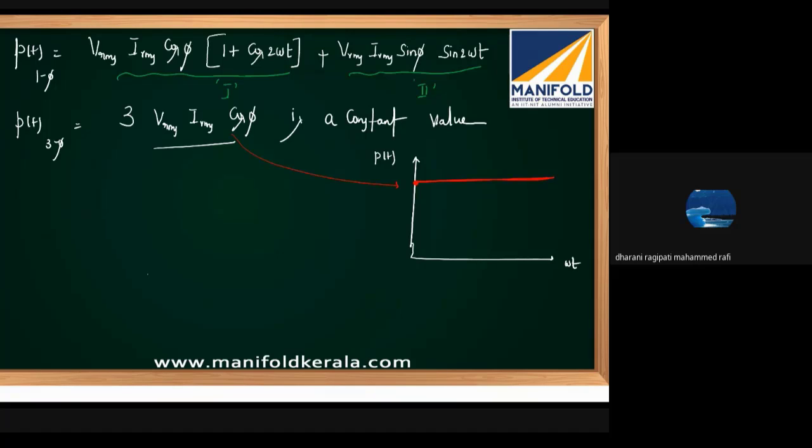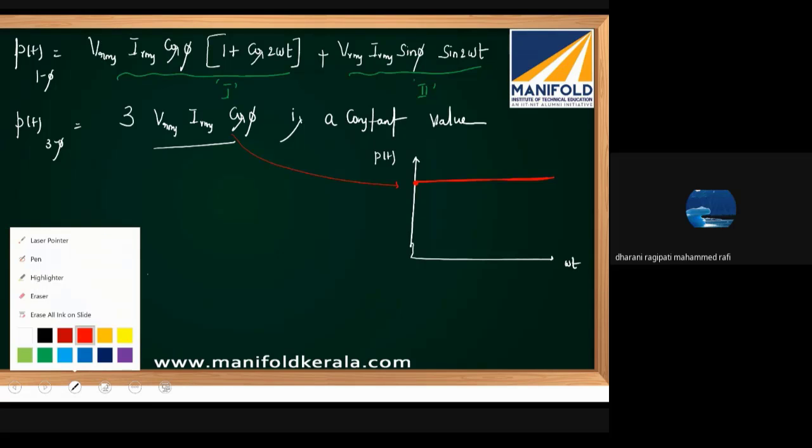Does this mean that there is no reactive power in a three-phase system? It's not like that. There is reactive power flow in a three-phase system, and it flows in all three phases: A phase, B phase, and C phase.